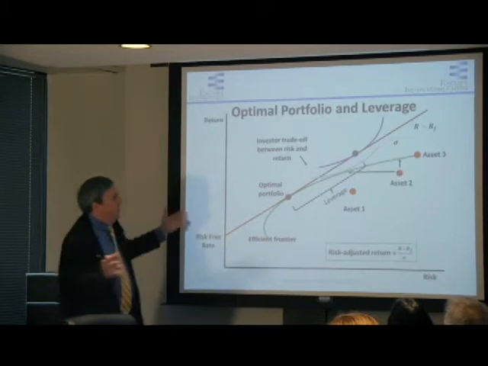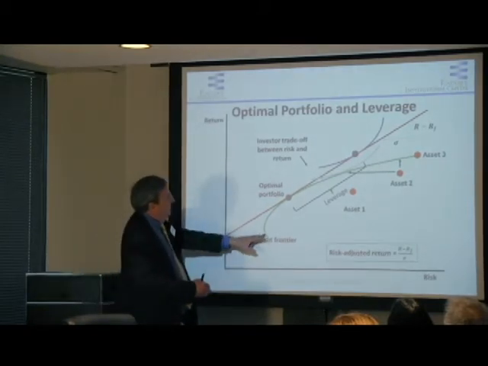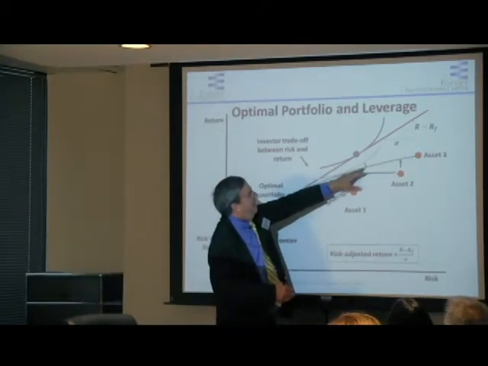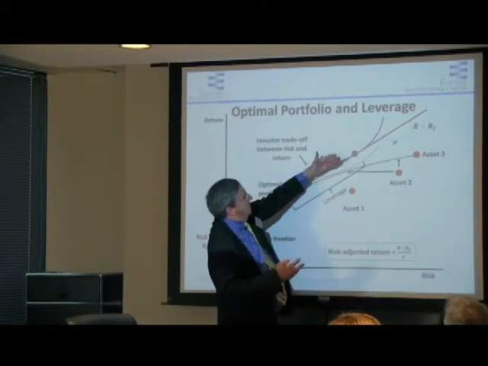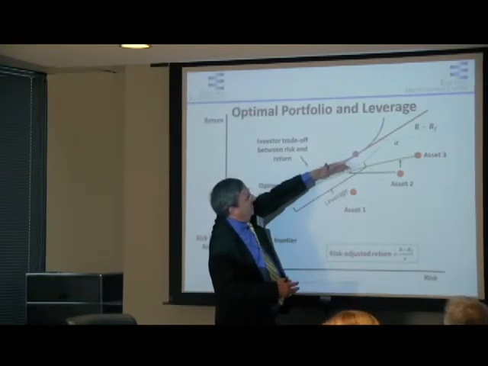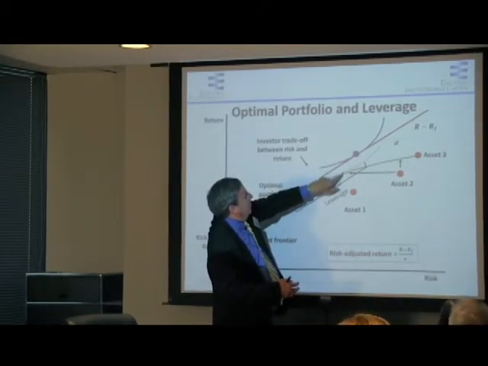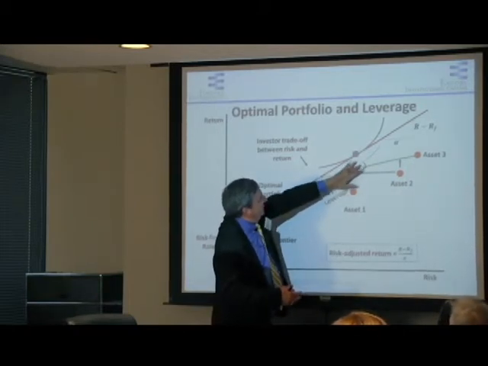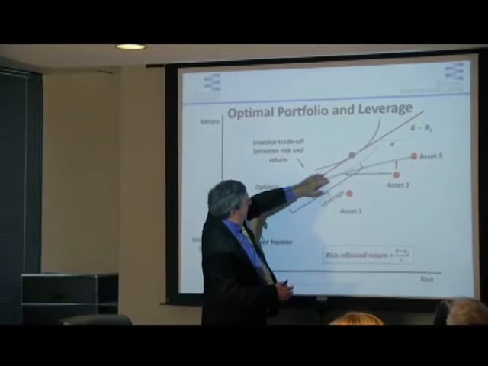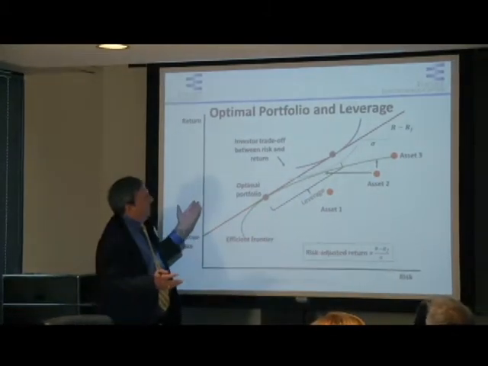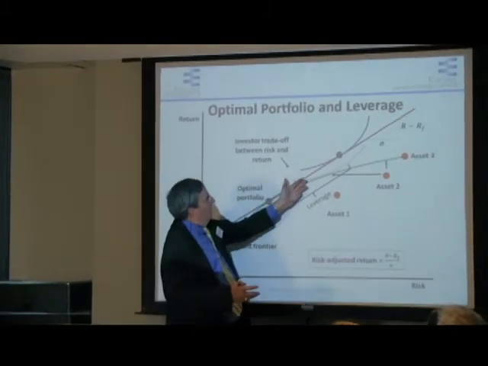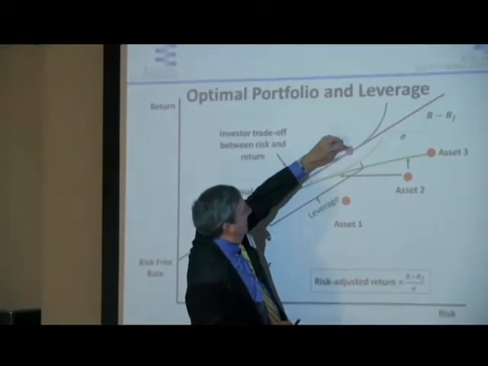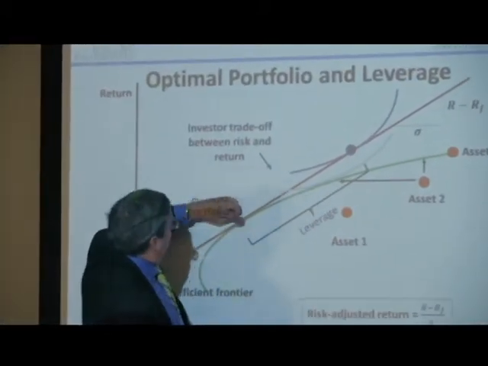Next. Now, when you put this all together, this is the efficient frontier, right? And let's say we're in a world where we can borrow and lend. This would be the most efficient point. This is the point where the tangency of the efficient frontier and the utility curve is. But with leverage and with capital markets, what we can do is leverage up the portfolio.